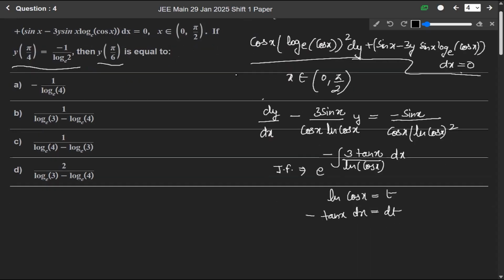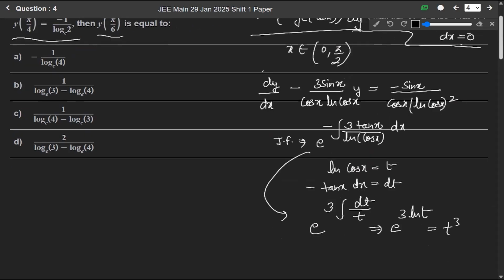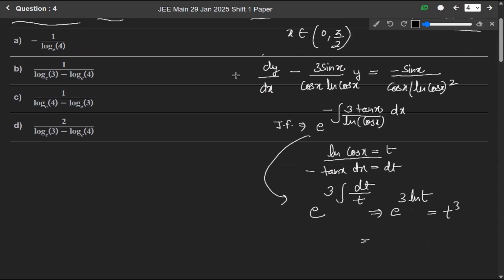Then the two minus signs cancel out, so 3 tan x dx over log of cos x becomes 3 dt over t. So it will be e to the 3 ln t, which is t raised to the power 3, and t is ln cos x, so it will be log of cos x whole cube. So the integrating factor will be log of cos x whole cube.